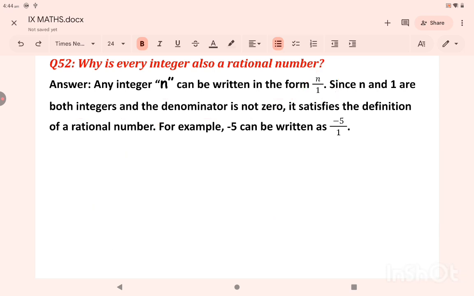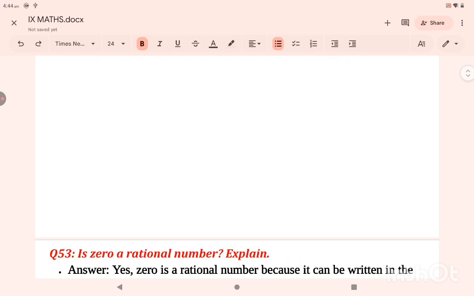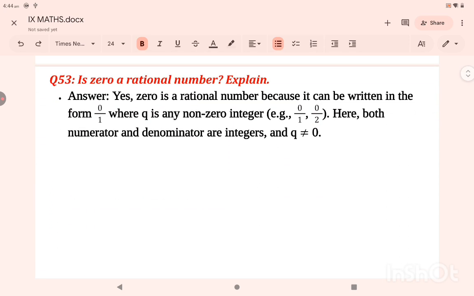Now, next question. Is 0 a rational number? Explain. Yes, it is a rational number because 0 can be written in the form of 0 by 1. That is in the form of p by q.